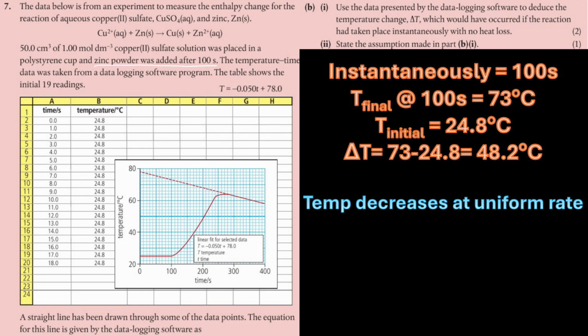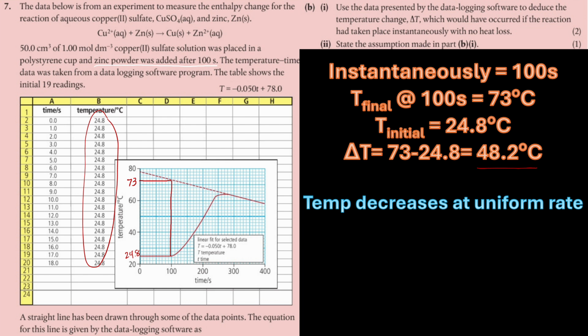So if it occurred instantaneously, that means it would have occurred at 100 seconds. Now, if we were to read the graph, that would give us about a T final of 73 and a T initial of 24.8, which was given to us in this original data here. So then that would give us a delta T of 48.2 degrees Celsius.